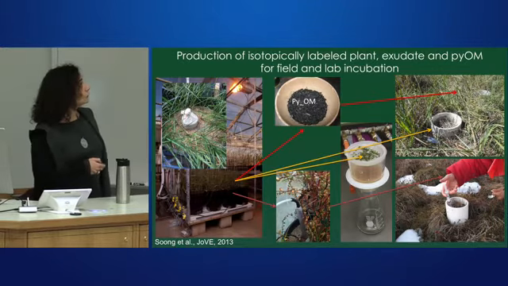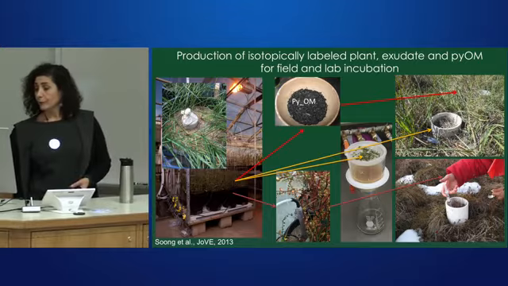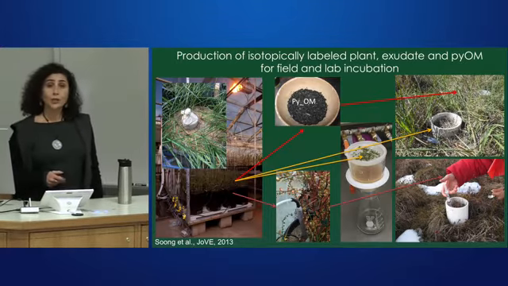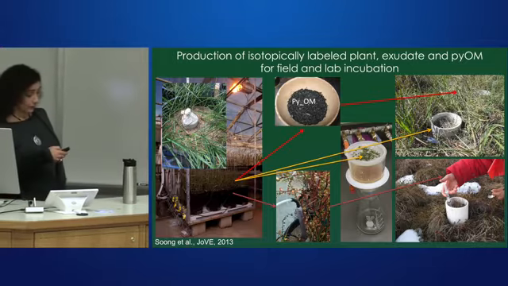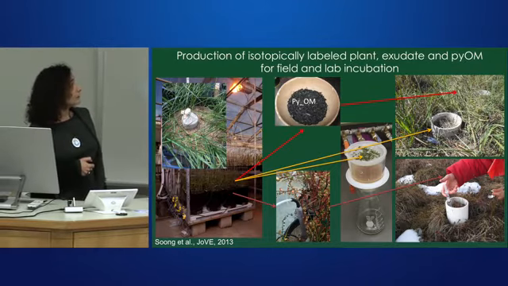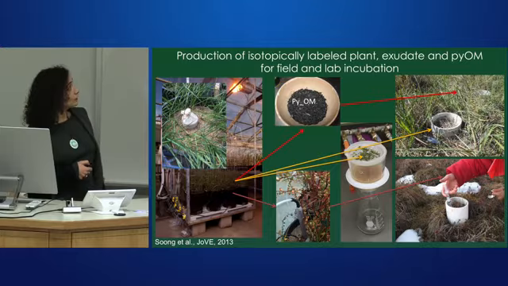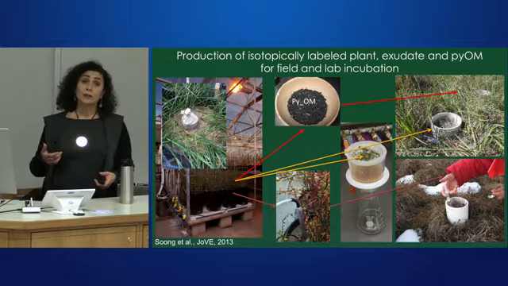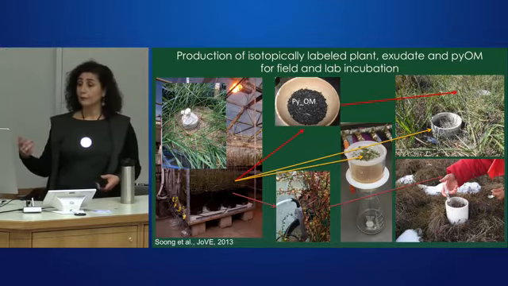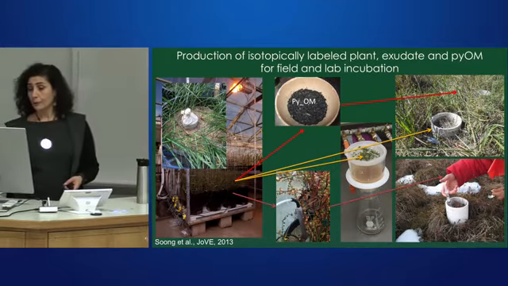We have also experimented with producing leachate and exudate with a lysimeter in the pot, and then we use the leachate to do some other priming studies to understand if the root exudates might prime decomposition.